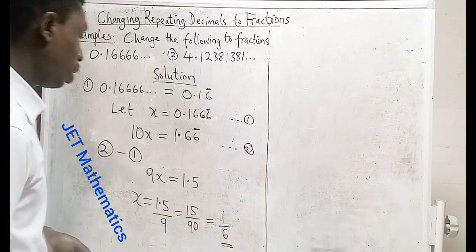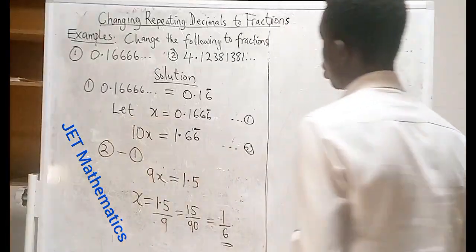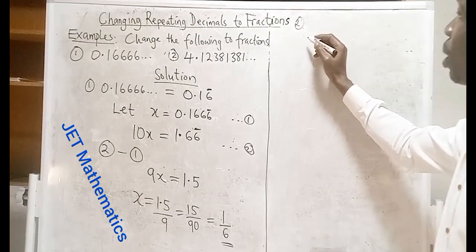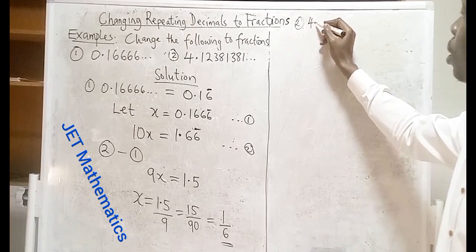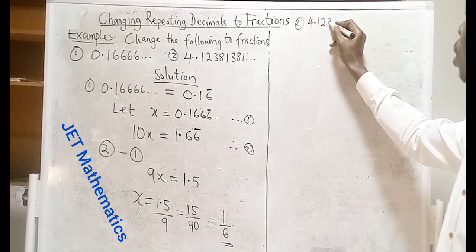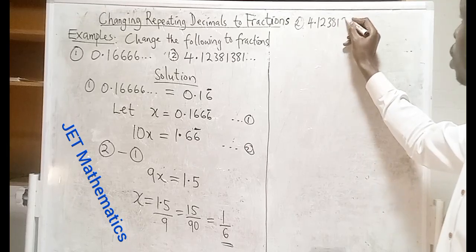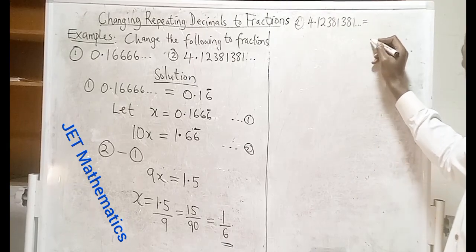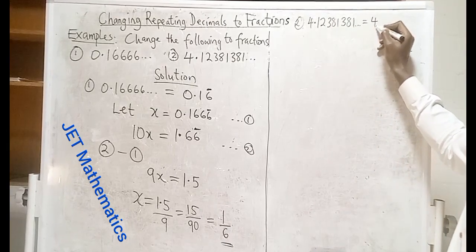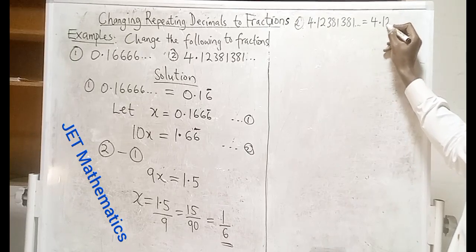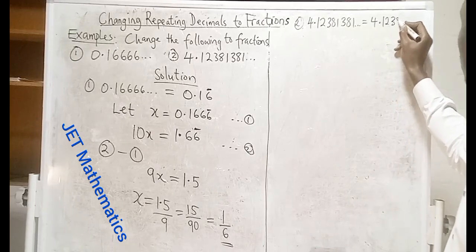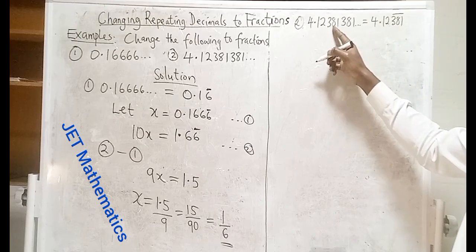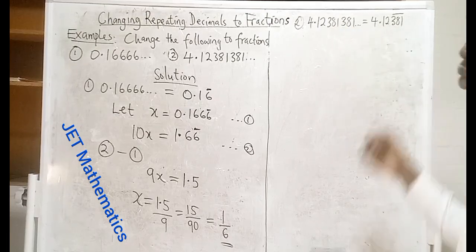Okay, let's see the second question, number 2. It is 4.12381381. It's repeating, so we can write this again as 4.12381, where the 381 is repeating, 381, 381, and so on.